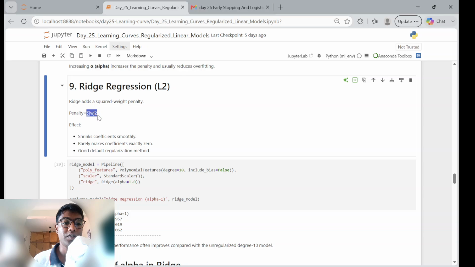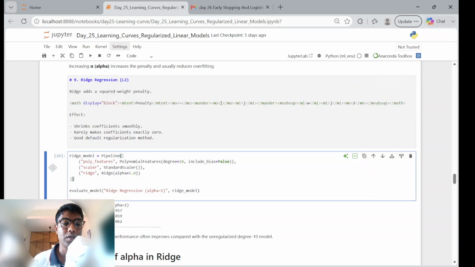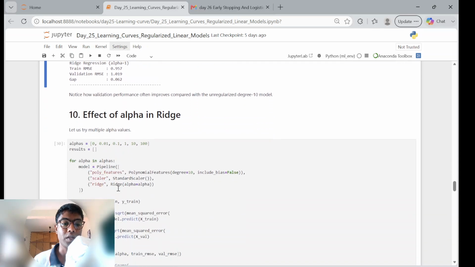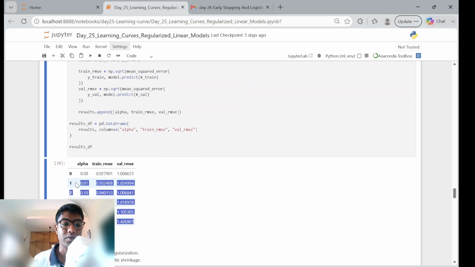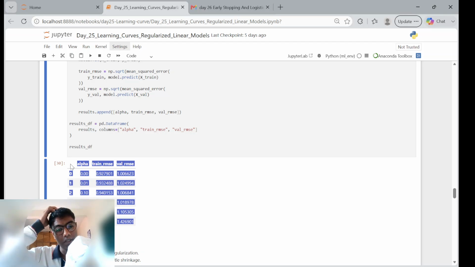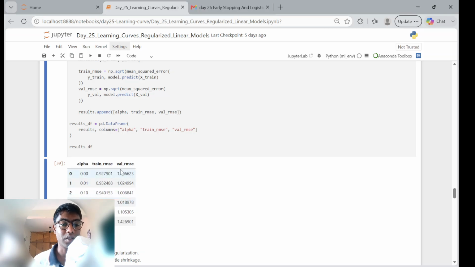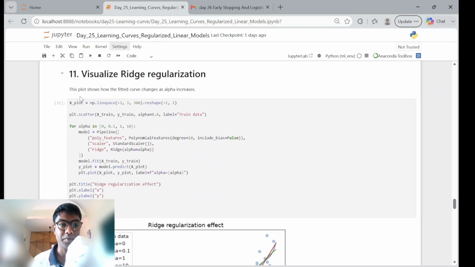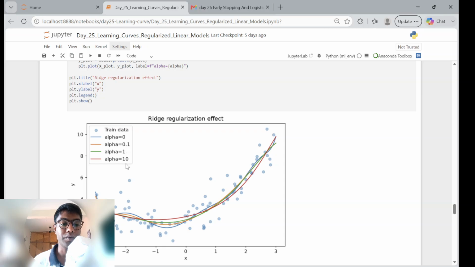For Ridge, this is the coefficient value, and there is always an alpha value that we can vary, and we could see the variations in the root mean squared error, right? Here we are also plotting how alpha values affect the trained model. The alpha value in green gives a smooth curve.